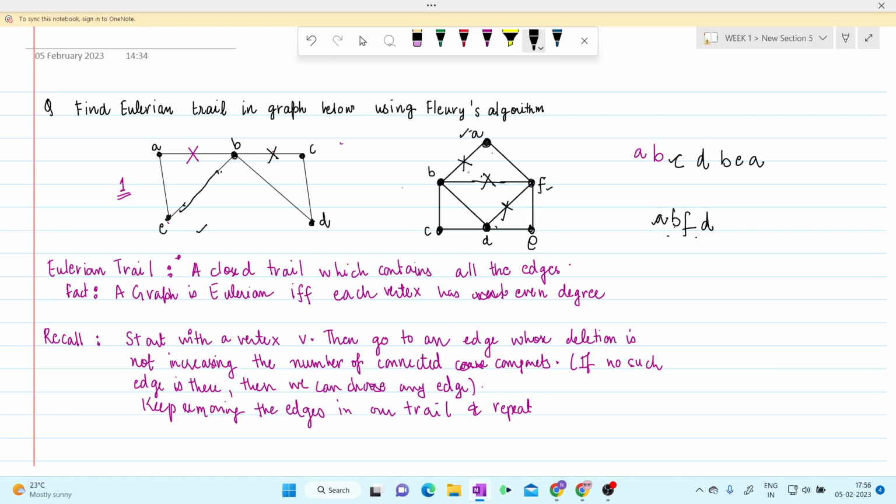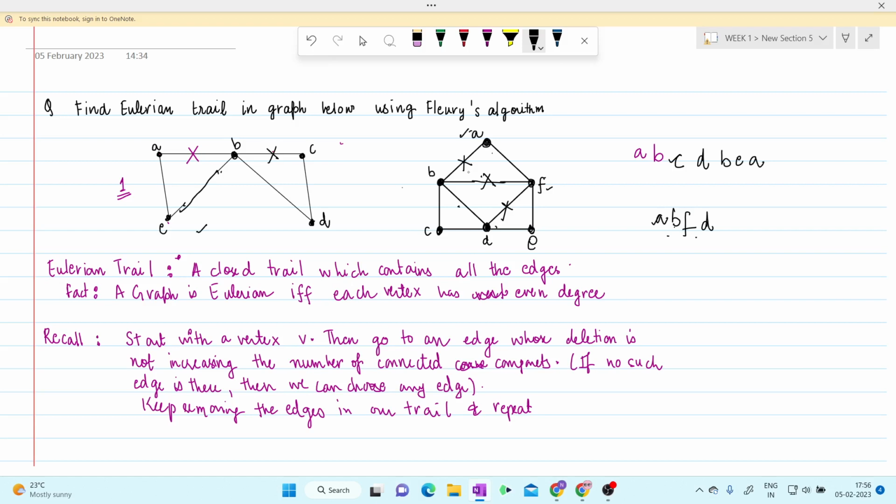Now we have three options: DB, DC, DE. What options can we choose? If we choose DB, we have no issues.